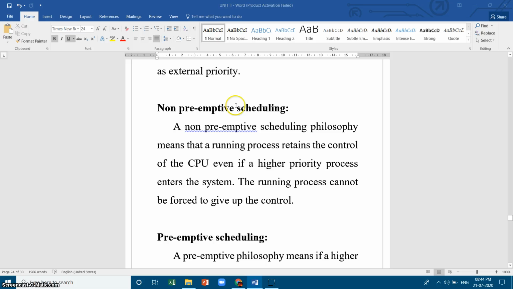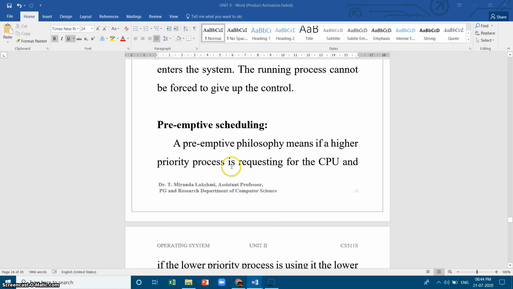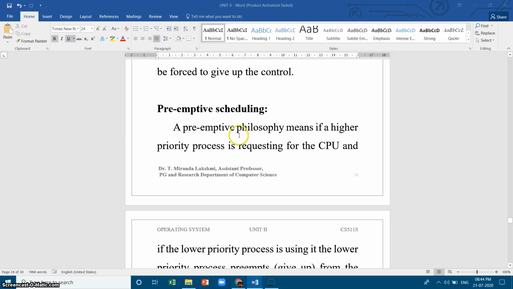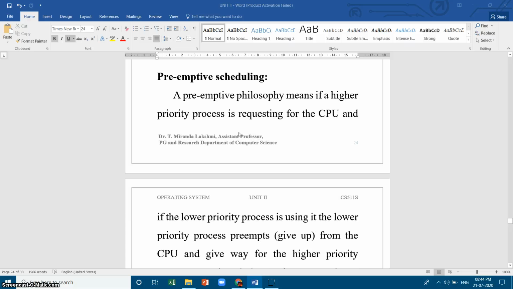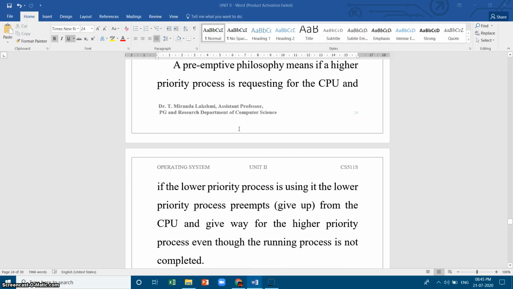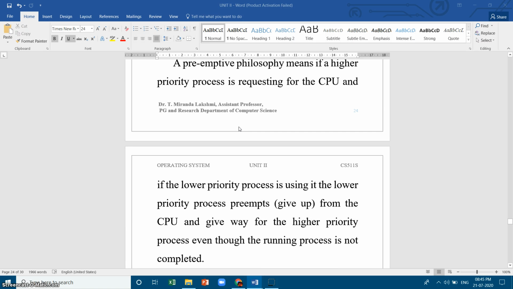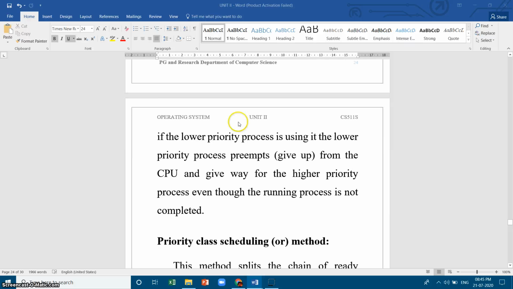The CPU will hold this lower priority process until it is completed. The opposite of this is preemptive scheduling. Preemptive scheduling means if a higher priority process requests the CPU, as soon as it requests, the running process gives up the CPU and gives way, and it comes out of the running state. That is called preemptive scheduling.